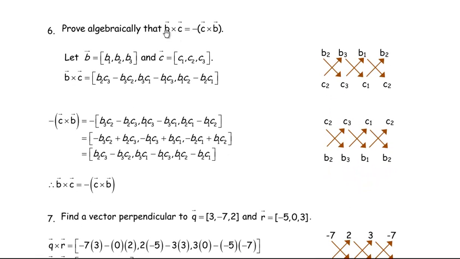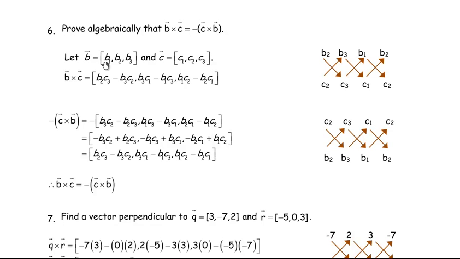Question number 6. We're asked to prove algebraically that B cross C equals -C cross B. A lot of times in my proofs I'll say prove in 2 space or prove in 3 space. I don't need to do that here because the cross product is not defined in 2-dimensional space anyway. So this is going to be a 3-dimensional proof. So I'm going to call B the vector B1, B2, B3, and C the vector C1, C2, C3.